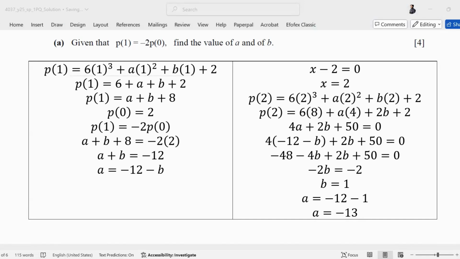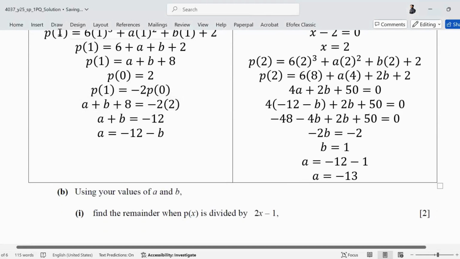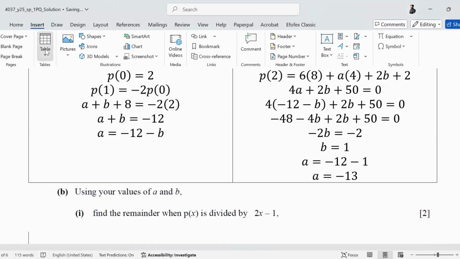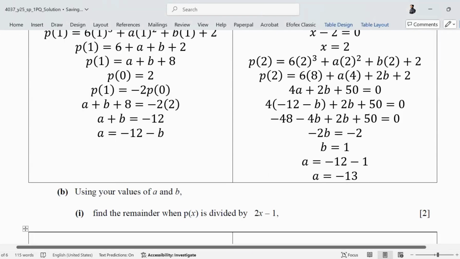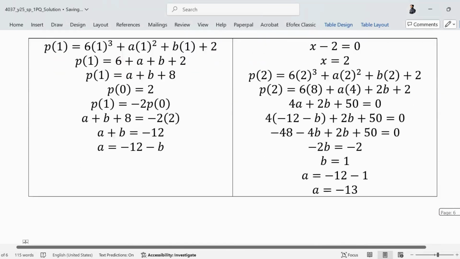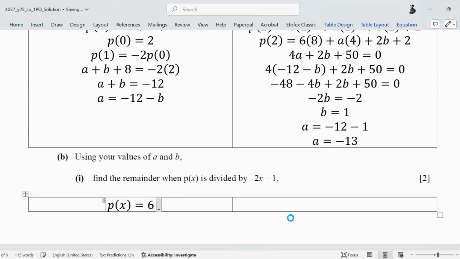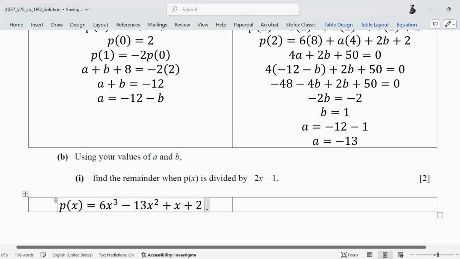Moving on to part B, using our values of a and b, find the remainder when p of x is divided by 2x minus 1. So a is negative 13 and b is 1. So let me write the polynomial first: 6x cubed minus 13x squared plus x plus 2.